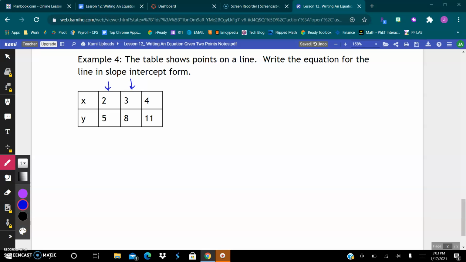Your work's going to look different, but your equation will be the same at the end because they're all on the same line. So y out of the second point would be 8, and y out of the first is 5, so 8 minus 5. And then x out of the second is 3 minus x out of the first is 2. So 8 minus 5 is 3, 3 minus 2 is 1. That would simplify down to 3.